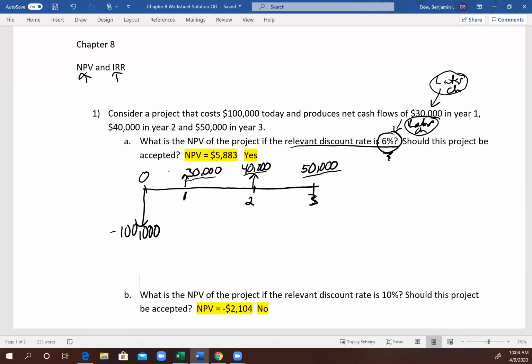So now we've got to decide whether or not this project should be accepted. It sounds good. We're getting back, at least, more than we put up. But we need to evaluate not only this project, but this compared to others. And so we'll have something called mutually exclusive projects.